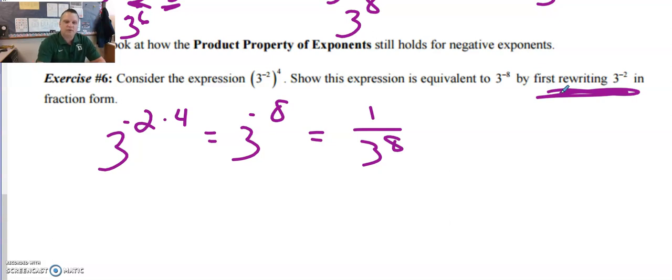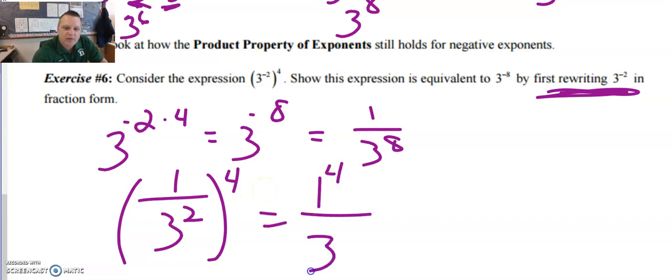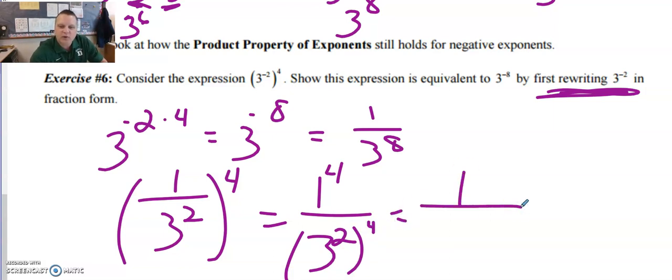So 3 to the negative 2 in fraction form would be 1 over 3 squared, all raised to the 4th power. And then, if you were to evaluate, you would have 1 to the 4th power over 3 squared to the 4th power. Well, 1 to the 4th power is just 1. 3 squared to the 4th power, power to a power you multiply, so you have 3 to the 8th power. So if you do it either way, it will work.